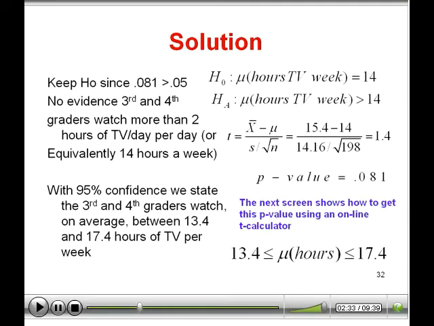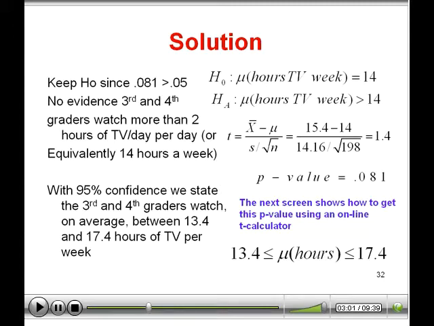So the four-step process we use to test proportions is still valid. This time the parameter in the null and alternative hypothesis is not p, but rather mu. And we will be testing the null hypothesis that third and fourth graders watch on average 14 hours of TV per week against the alternative that they watch more.